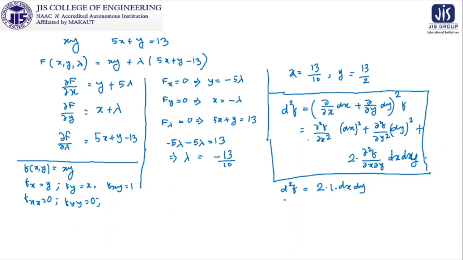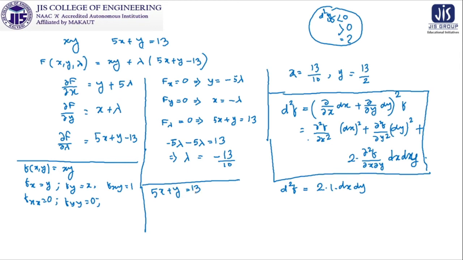But we need to have some conclusion, that d2f is less than 0 or greater than 0, what will be the type? But if it is dx dy, it is not possible for us to find it out. So what we are doing, we are using the trick that the relationship between x and y is 5x plus y is equal to 13.